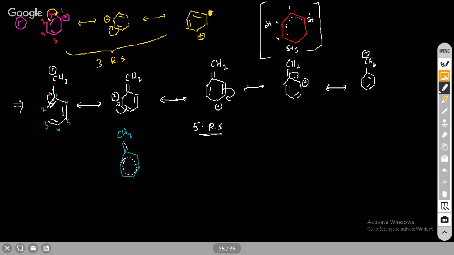So this is the dotted line. This has partial positive charge here, and then at the second carbon, partial positive charge, then at the fourth carbon, partial positive charge, sixth carbon, partial positive charge. So this structure is the real structure we have, or we also call it the resonance hybrid.